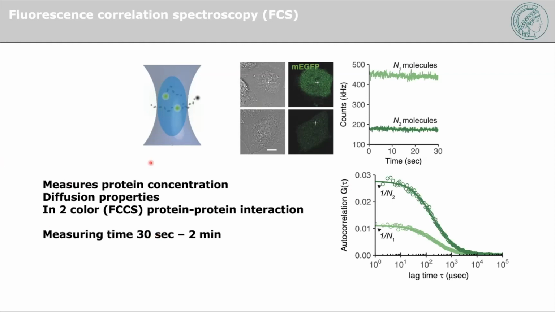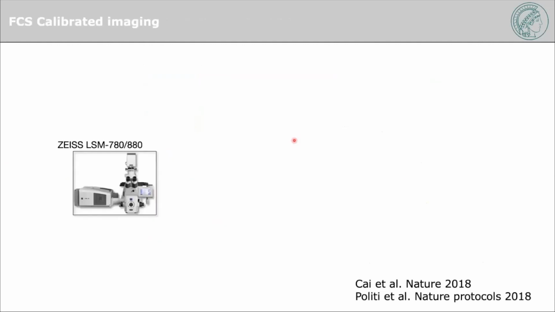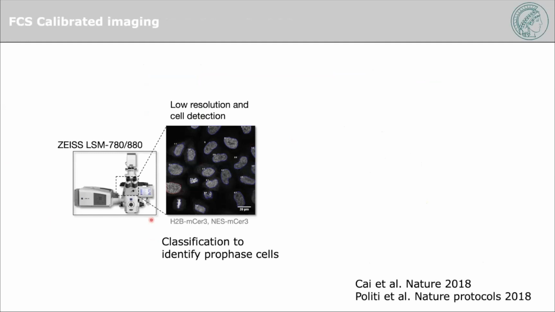So that's where we use this automated workflow quite a lot to do these kinds of experiments. We combine a few things together. One was what we call FCS calibrated imaging, which is basically running an experiment where we automatically identify and classify cells in an overview image that are entering mitosis.